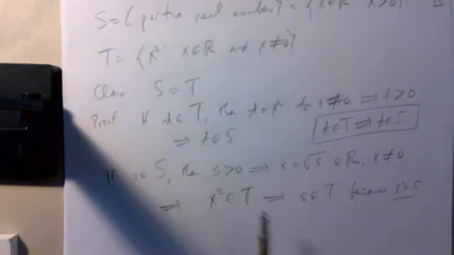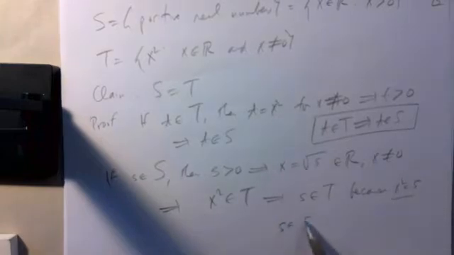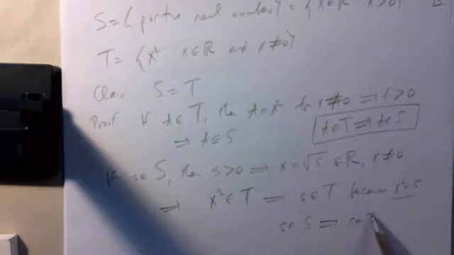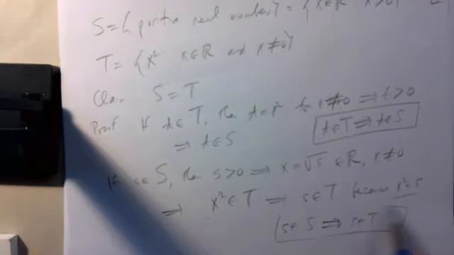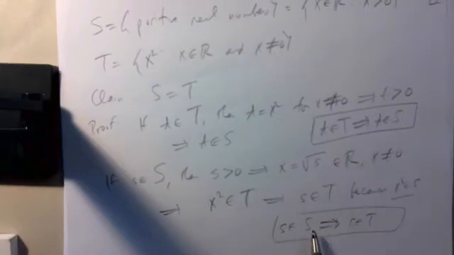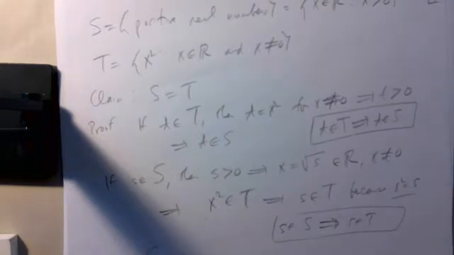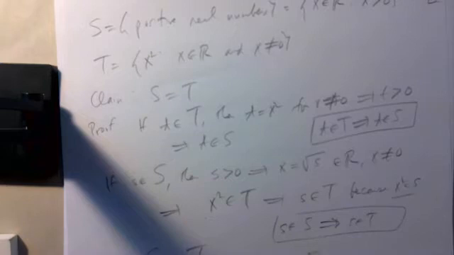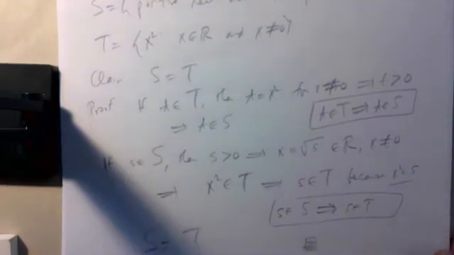So another way of saying what I just proved, the second statement, is that if S is in S, then S is in T. So every element of T is an element of S. Every element of S is an element of T. Therefore, S equals T. So this is a proof.